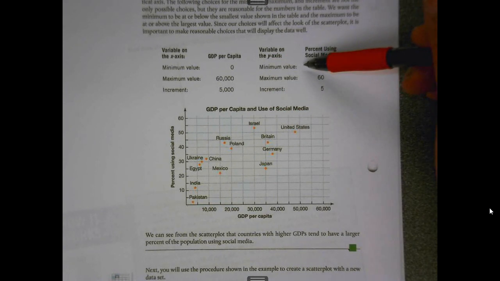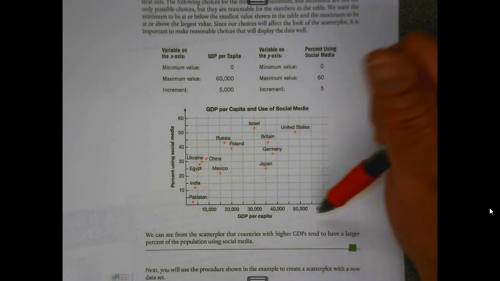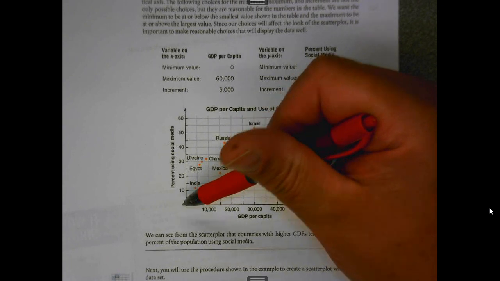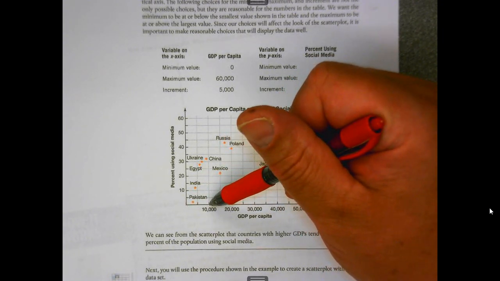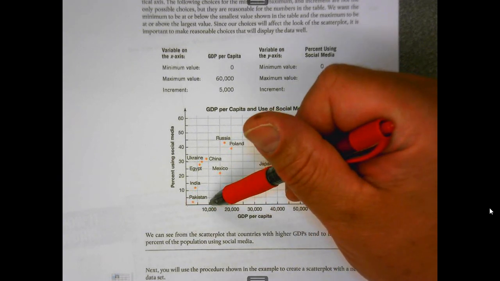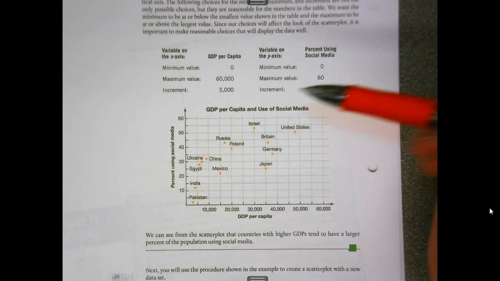And then on the dollars, increments of 5,000, so 5,000, 10, 15, 20, and so forth. And the percentage, same thing, 0, 5, 10, only 5, not 5,000. And then they put each data point in there, each country, and they labeled it to make it clear.